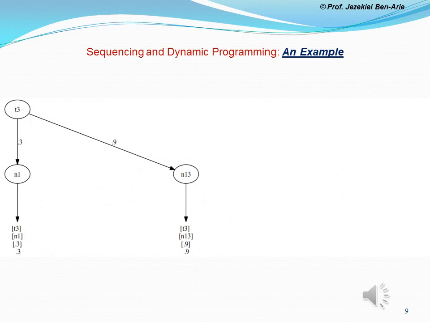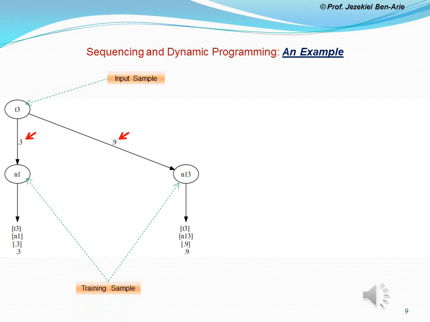Input samples are denoted by T, and training samples are denoted by N. Now, in the diagram, input sample T3 has similarity measures of 0.3 and 0.9 respectively, with training samples N1 and N13.